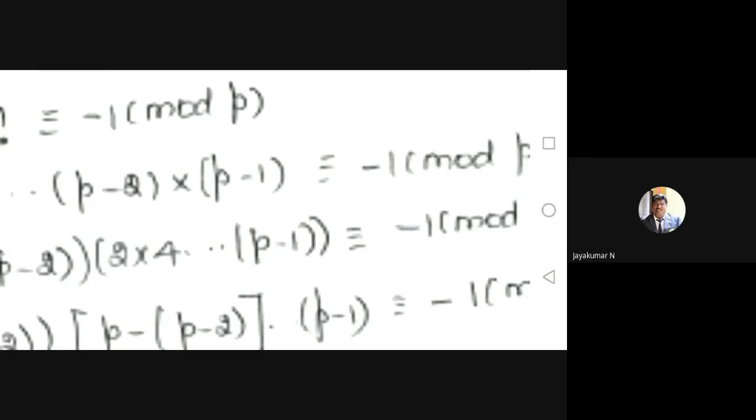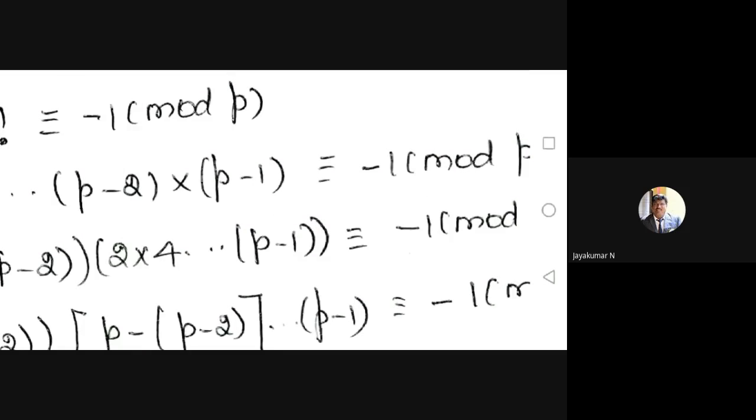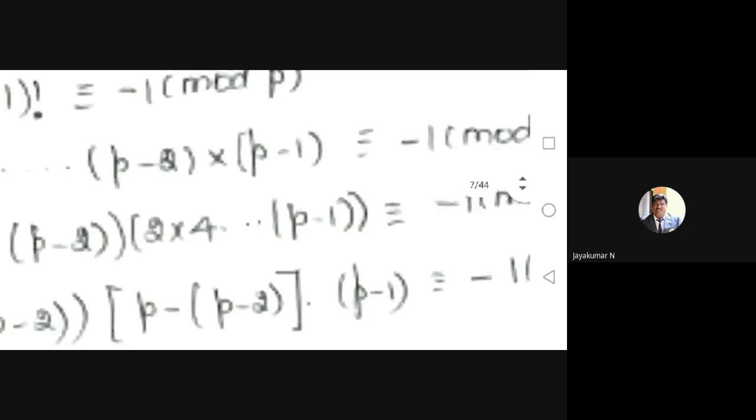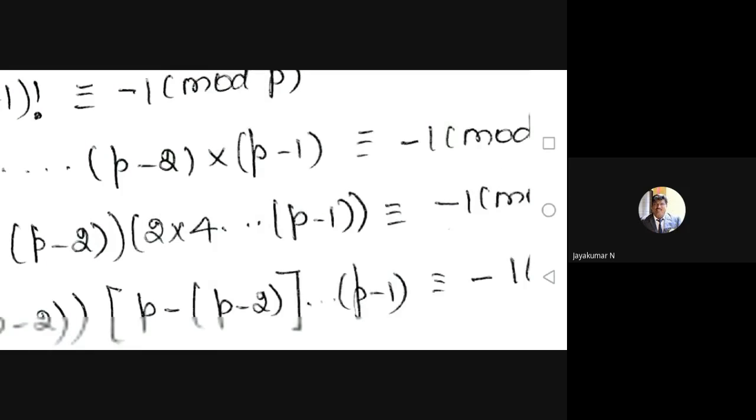Now, adding and subtracting p with each even integer. The first even integer here is 2. Adding and subtracting p, so 2 plus p minus p, which can be rearranged as p minus of p minus 2.